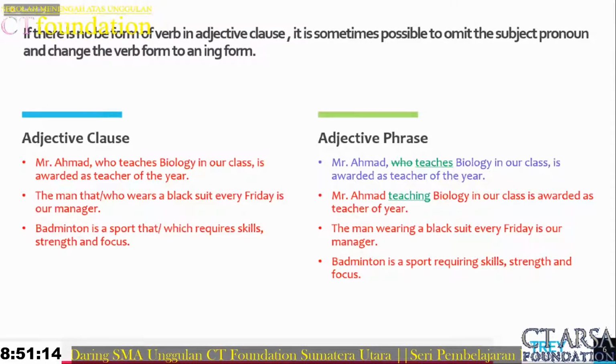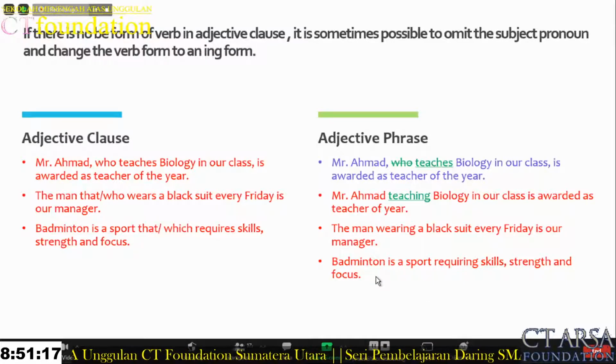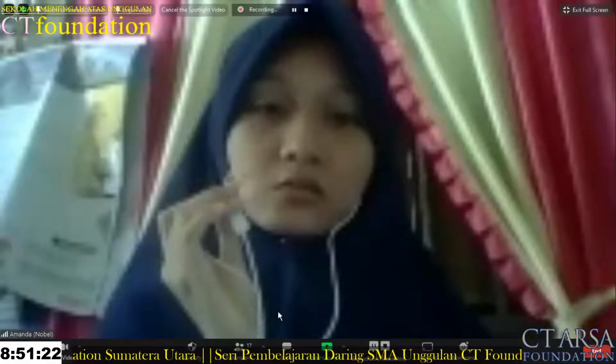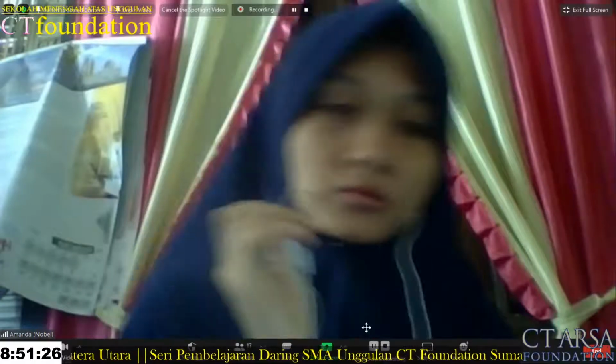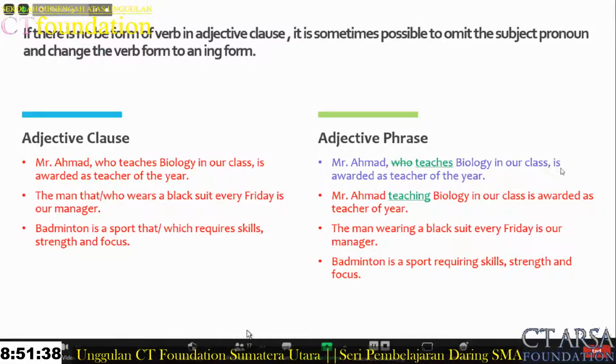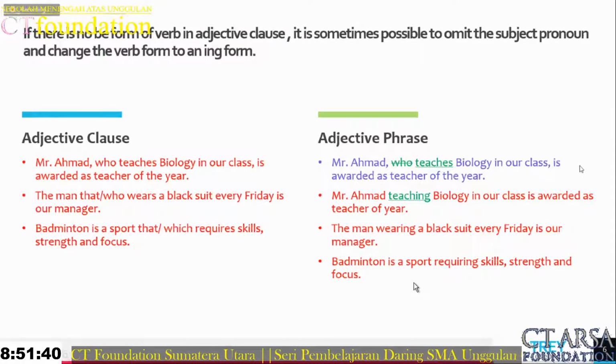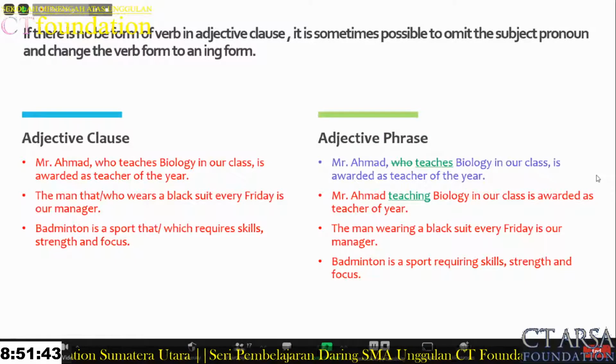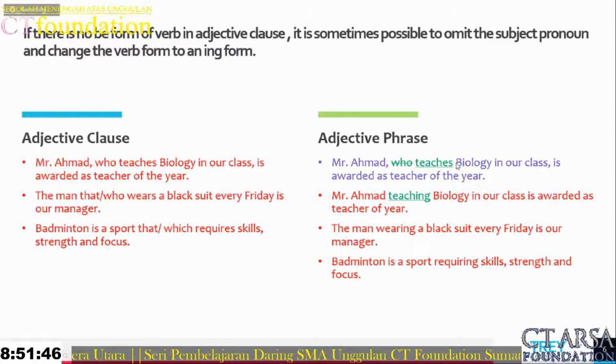Okay, you got it, Amanda? So sir, doesn't it change the meaning of the first sentence? No, there is no change.